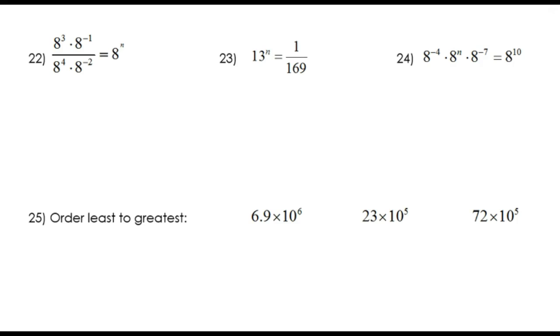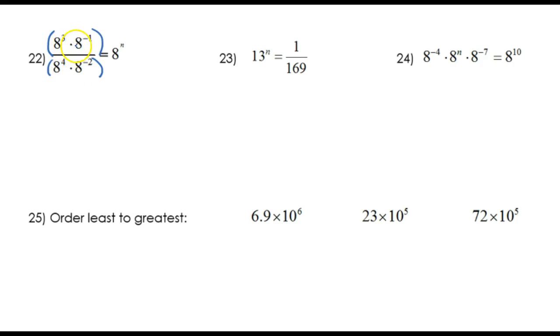Number 22. 8 to the 3rd power times 8 to the negative 1st power divided by 8 to the 4th times 8 to the negative 2nd power gives us 8 to what power? So we need to figure this out here. I'm going to simplify the numerator and the denominator first to get rid of some of these 8 to the powers.